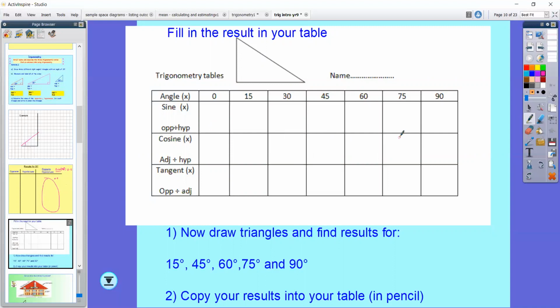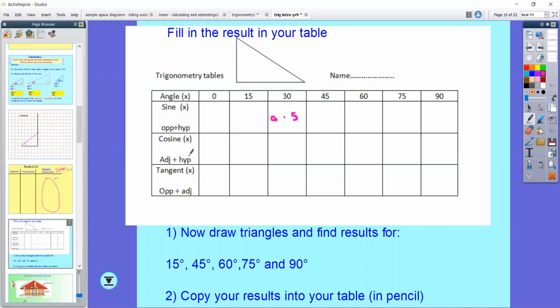So that magic button, all it's doing is telling us for any angle what the value is for sine, for example. What the value is when we divide the opposite by the hypotenuse when the angle is 30 degrees, 45 degrees, 60 degrees, and so on.